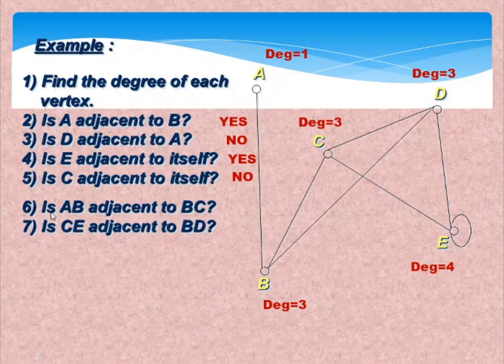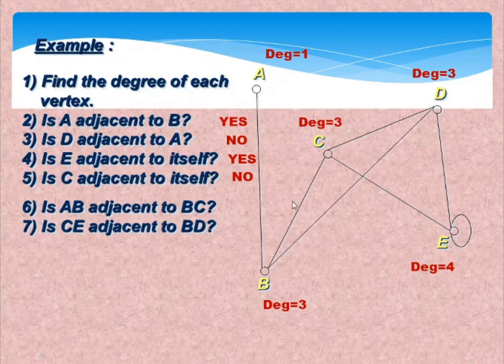So the answer is no. Again, is AB adjacent to BC? What do you mean by that? AB and BC are edges, right? So what do you mean by adjacency in edges? For two edges, it means they must have the same vertex incident on them. Here it is AB and BC.